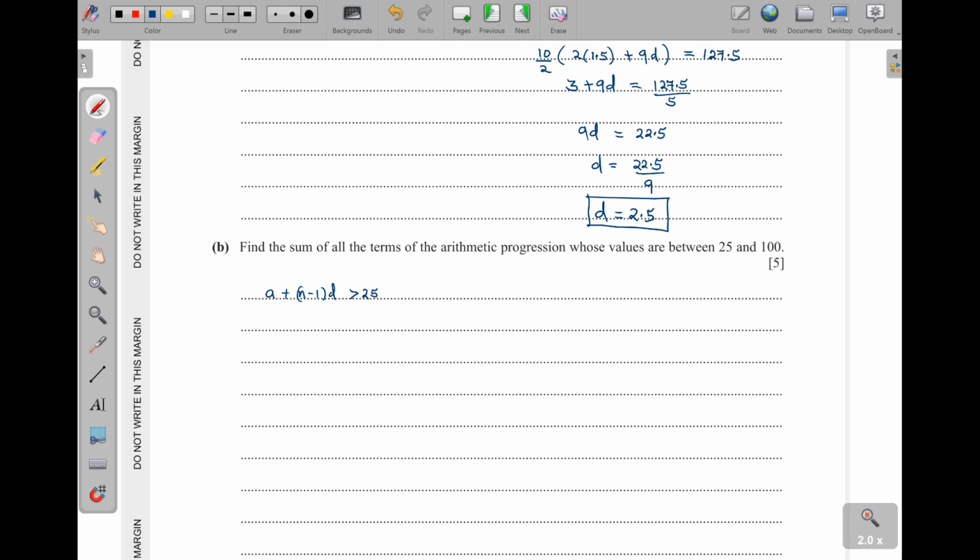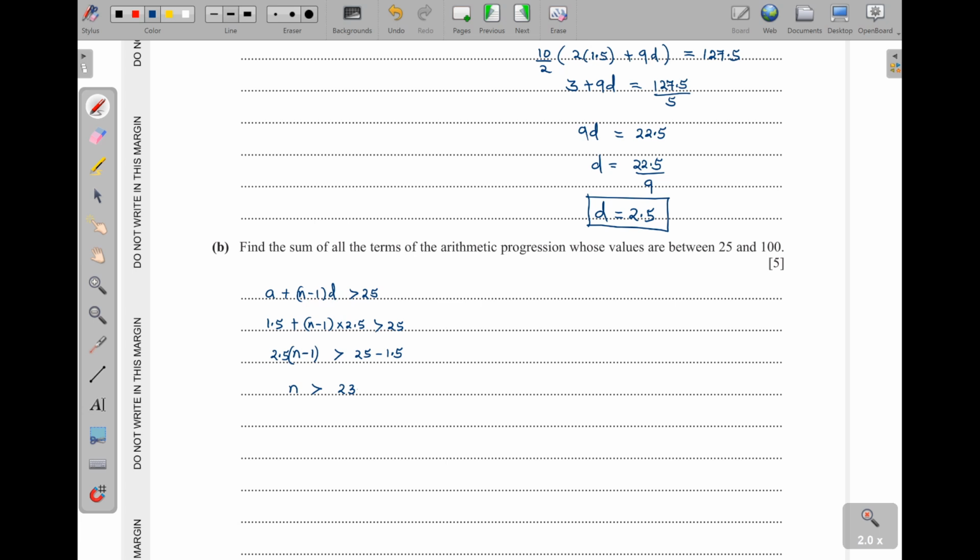So our a is 1.5, then plus n minus 1, and our d here is 2.5, which is greater than 25. Then n minus 1 times this 2.5 will be greater than 25 minus the 1.5. So what will be n? n has to be greater than, this one here will give us 23.5.